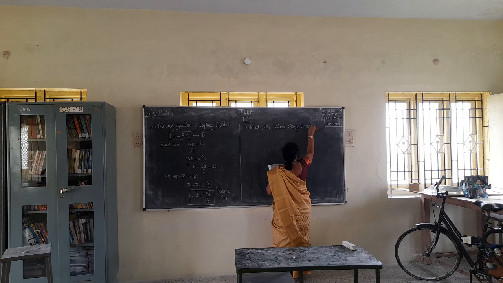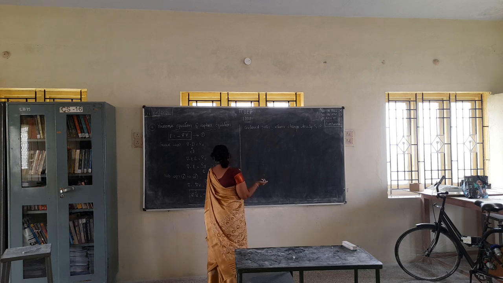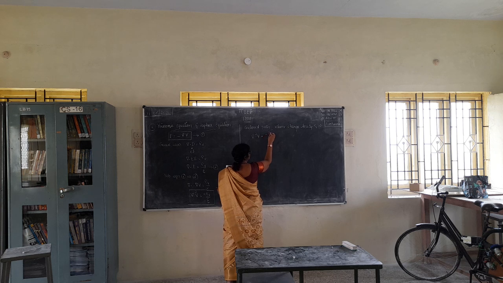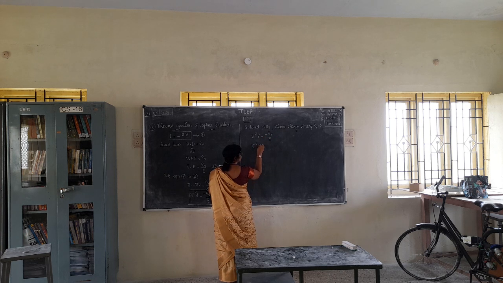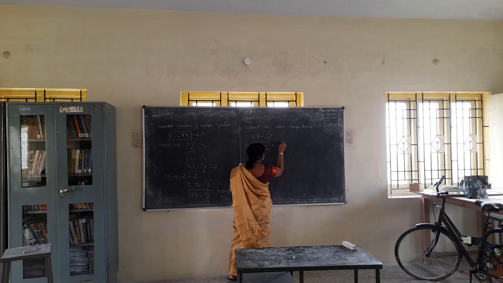It means rho V is 0. Substitute this condition in Poisson's equation. So Poisson's equation is del square V is equal to minus rho V by epsilon. When you substitute it, you will be getting del square V is equal to 0. So this is your Laplace equation.